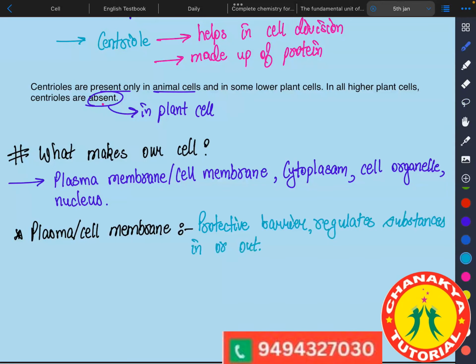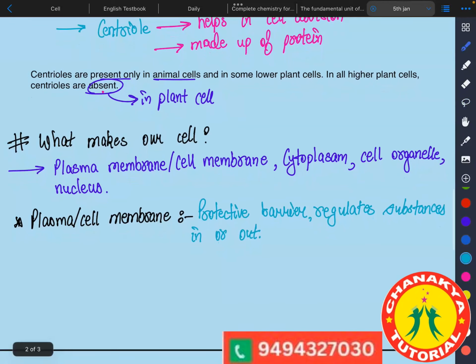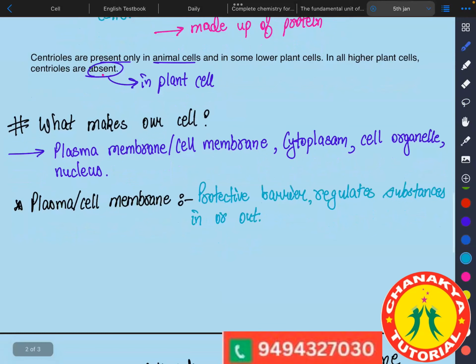So the main function of cell membrane is it regulates substances going in and out, and it is made up of lipids, some proteins, and a little bit of carbohydrates.